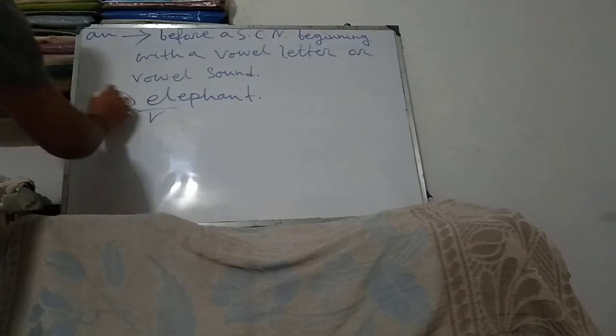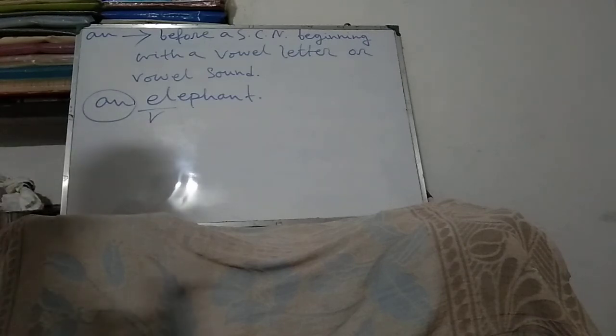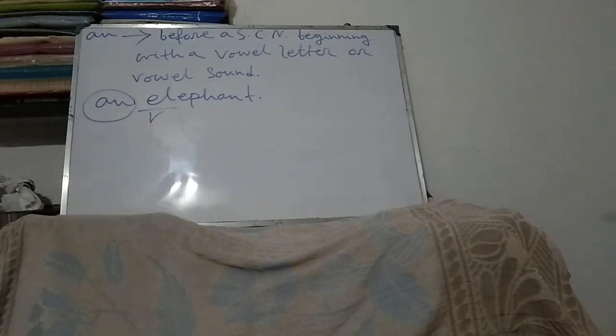That's why an is used before elephant, an elephant. But there are some words which do not start with a vowel letter, but an is used. I am giving some particular examples.